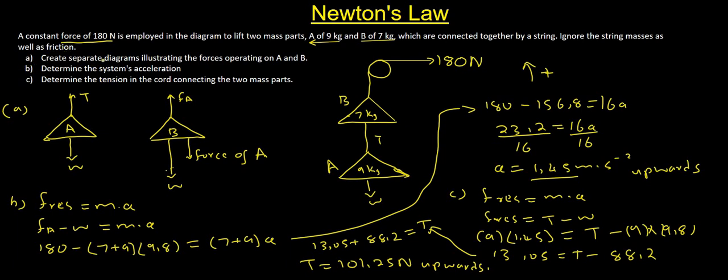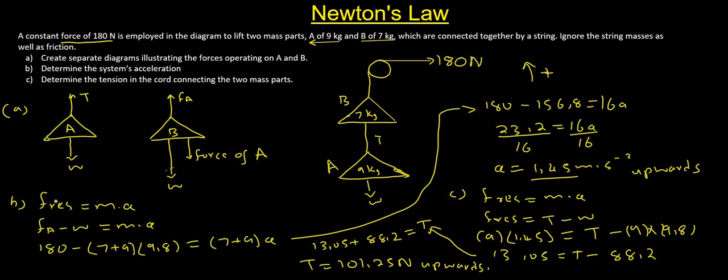Question number A. Create separate diagrams illustrating the forces operating on A and B. Forces operating on A, which is this one, are the tension and the weight. And forces operating on B are the applied force minus the weight of B and the weight of A, which are acting downwards.